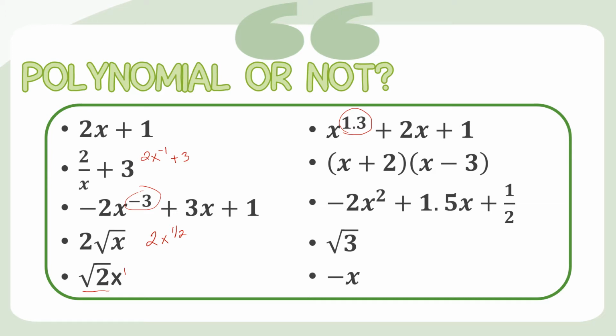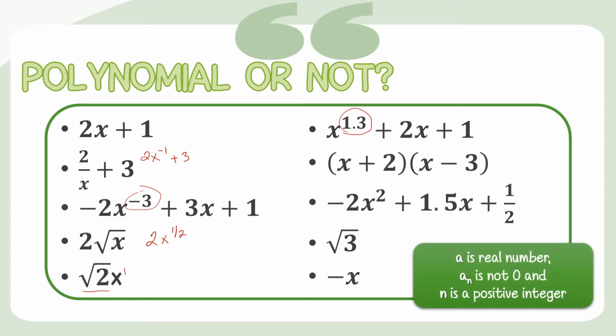And yes, this is a polynomial. Okay? Ang titignan niya lang talaga yan, most of the time, is yung exponent. Ito yung mga tatandaan. A is a real number. A sub n, or yung leading coefficient, is not equal to 0. And the exponent is a positive integer.